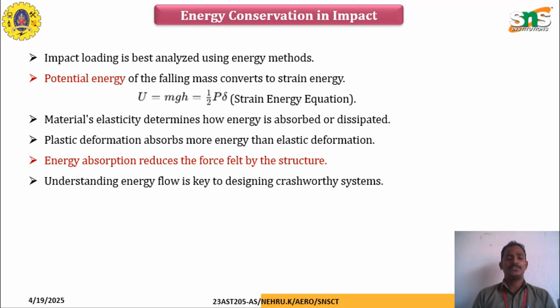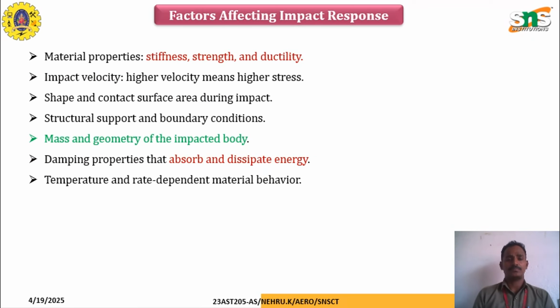Plastic deformation absorbs more energy than elastic deformation. Energy absorbed reduces the force felt by the structure. Understanding the energy flow is the key to designing crashworthiness systems, which is the main thing we understand from the energy conversion on impact using the potential energy equation or strain energy equation.